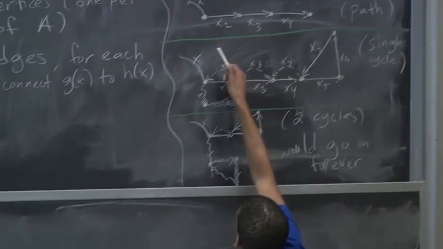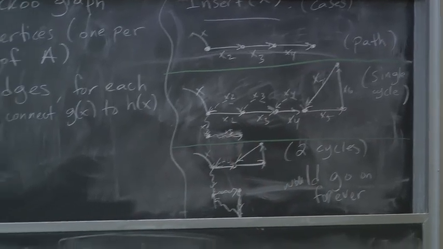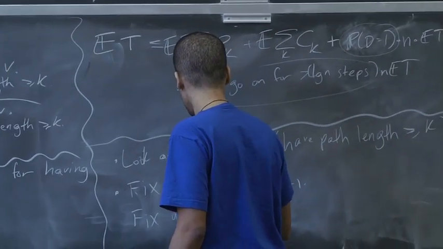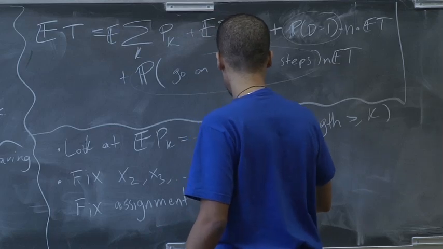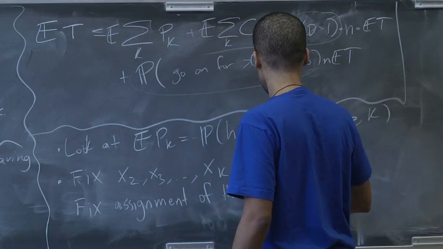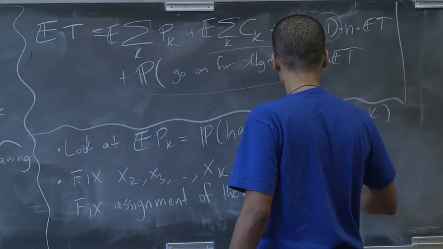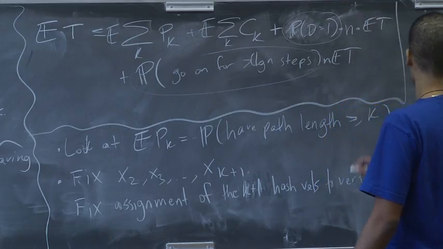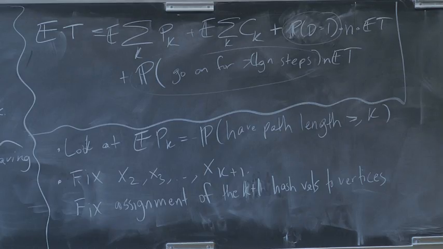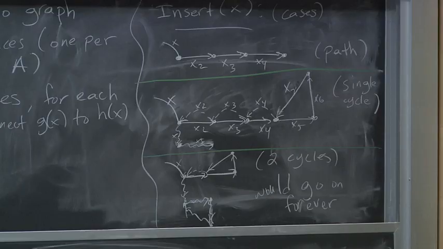There are k plus 1 vertices here. Okay, so fix all of them. Fix an assignment of the k plus 1 hash values to the vertices. Okay. So we're asking ourselves, what's the probability that we see exactly this configuration? Okay.